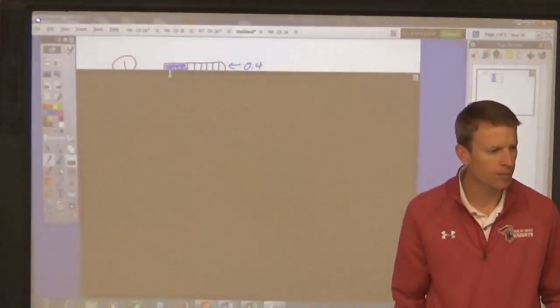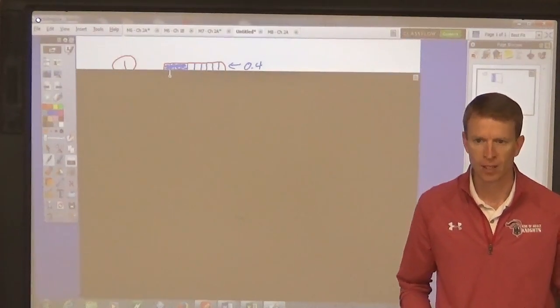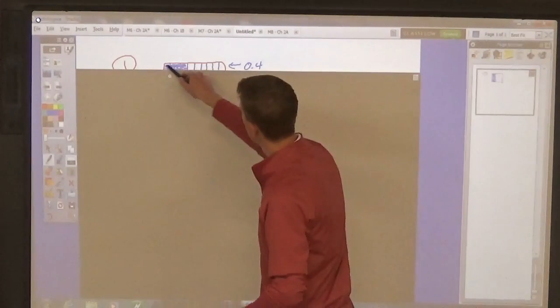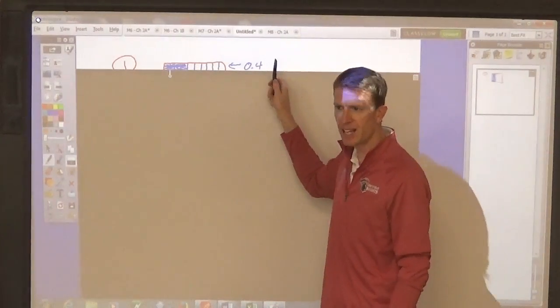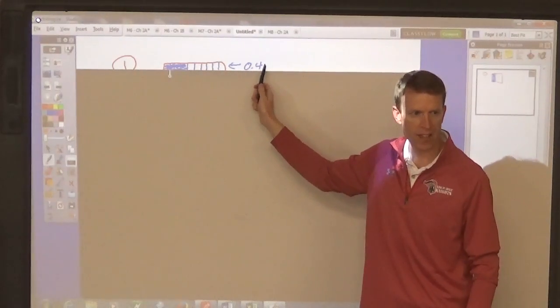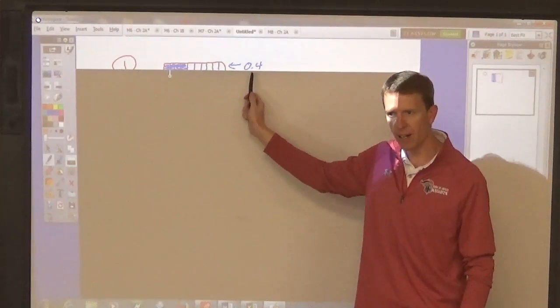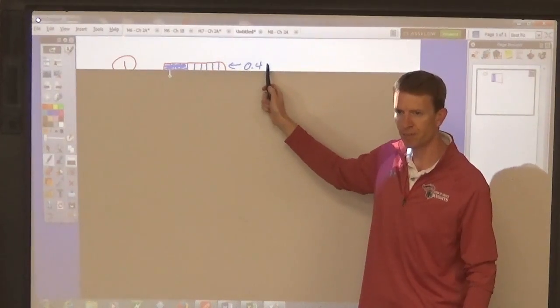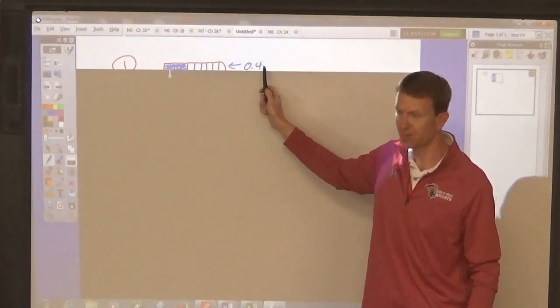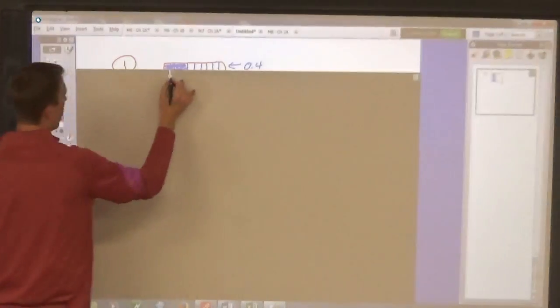You see that? So that row shows 4/10. Okay? Does everybody see that? Nod your head if you're with me on that. You can see 4 out of 10 are shaded. So this represents the problem 4/10. Okay?